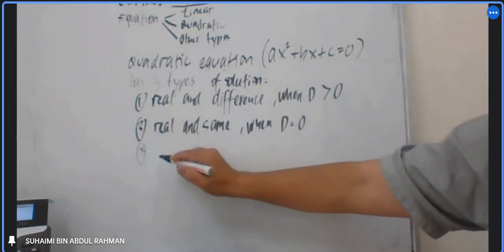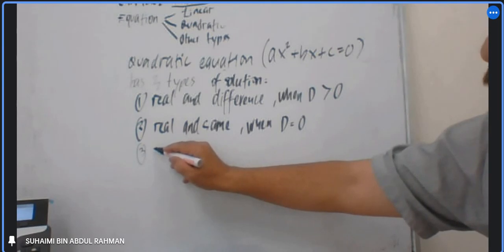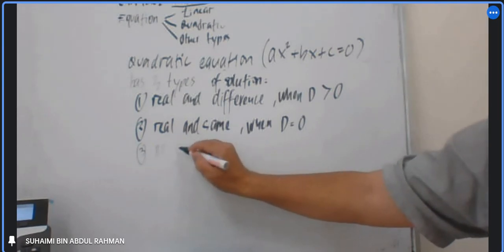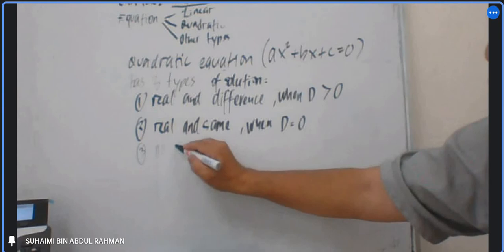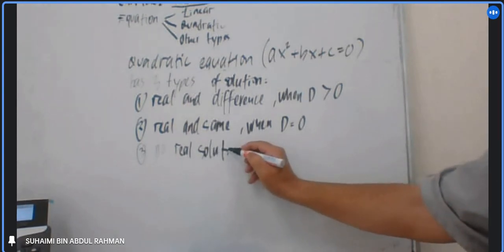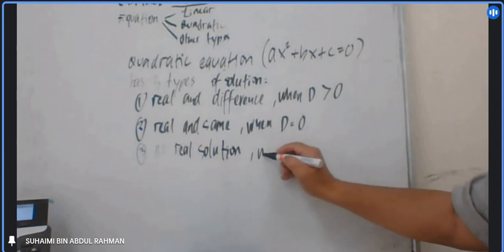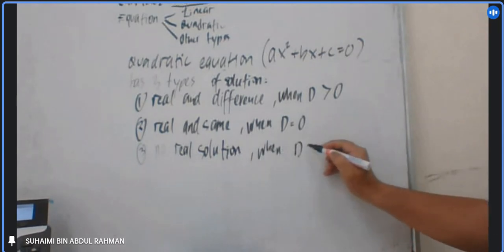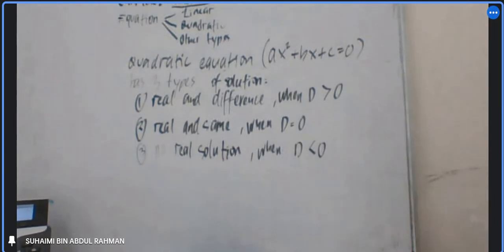Number three, no real solution, which happens when D is less than 0.